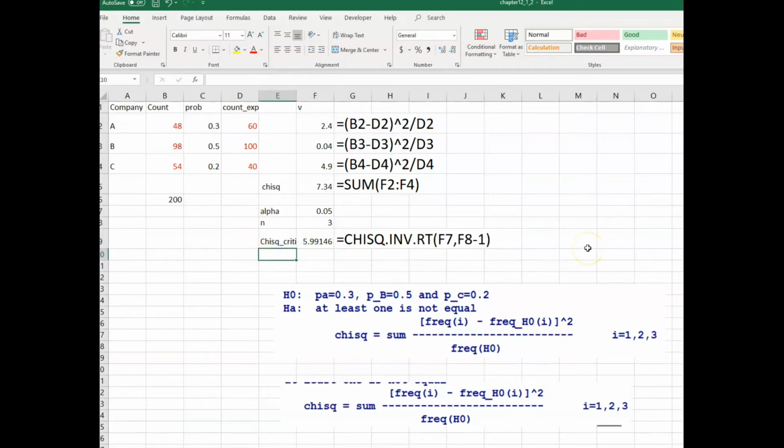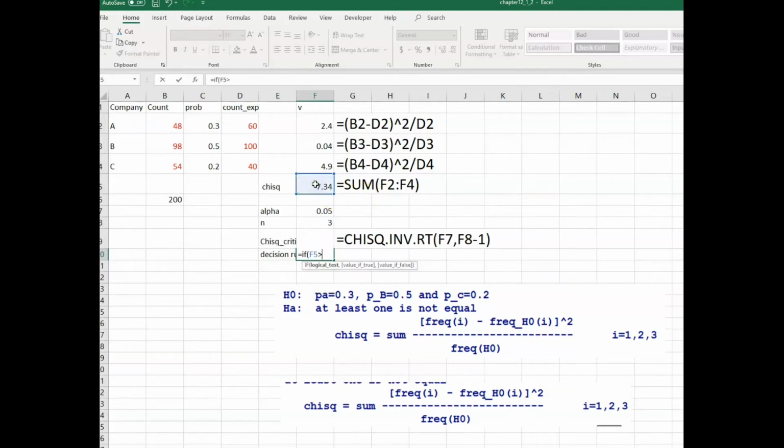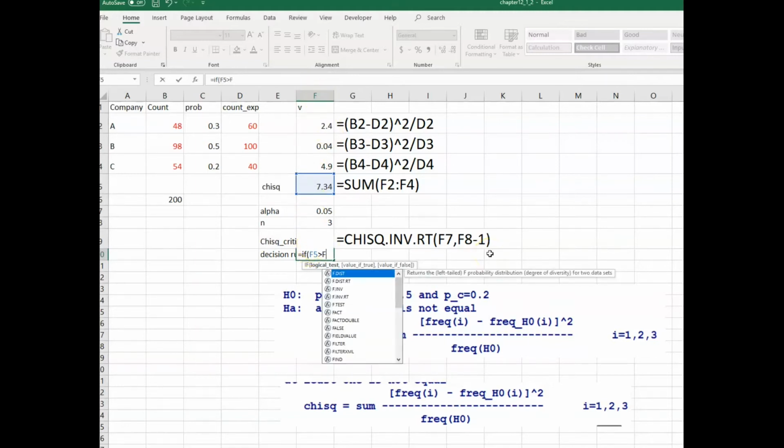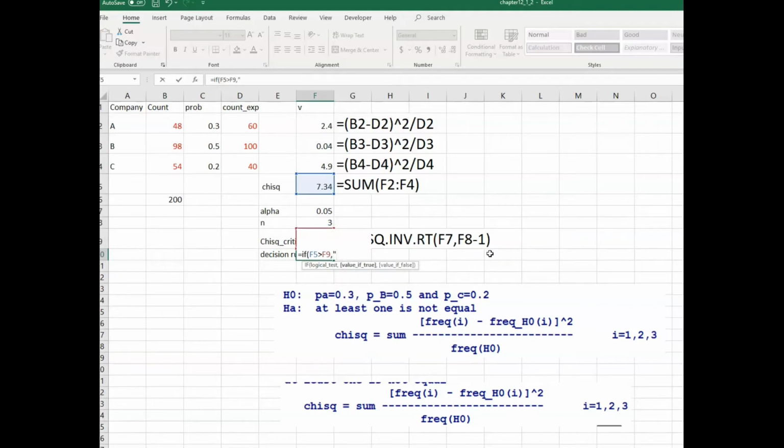Okay, and so this is the decision rule. Okay. So if our calculated value is higher than the critical value, we reject.